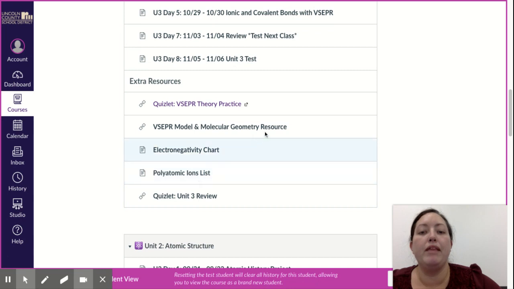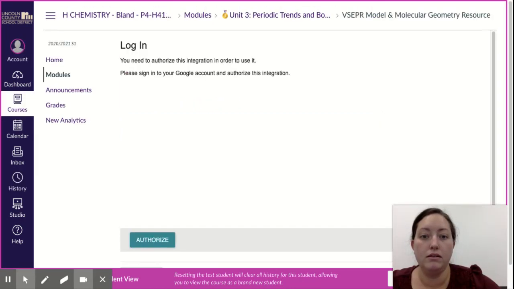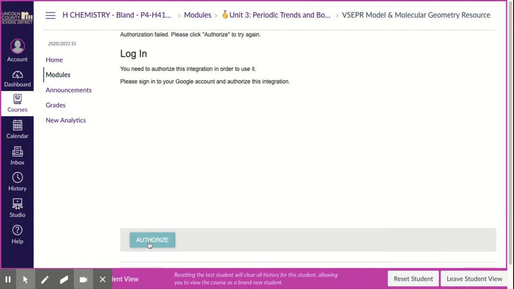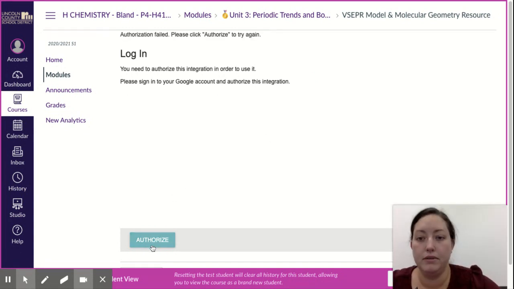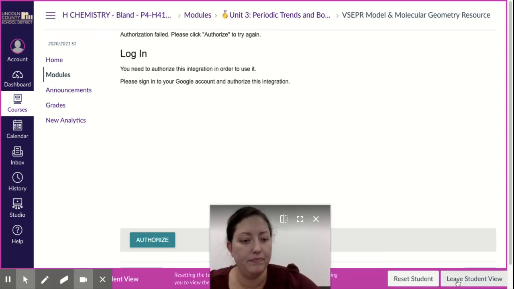There's also this VSEPR model and molecular geometry resource. It's a little bit long, but let's get in here. Oh, it wants me to sign in, and I'm not actually signed in because I'm not a student. I can't move my face. There we go.